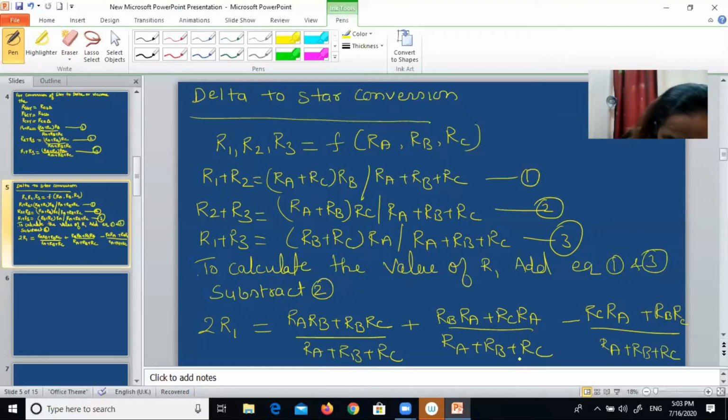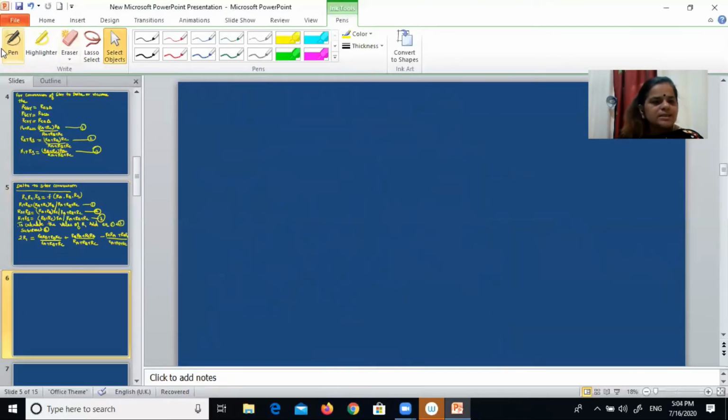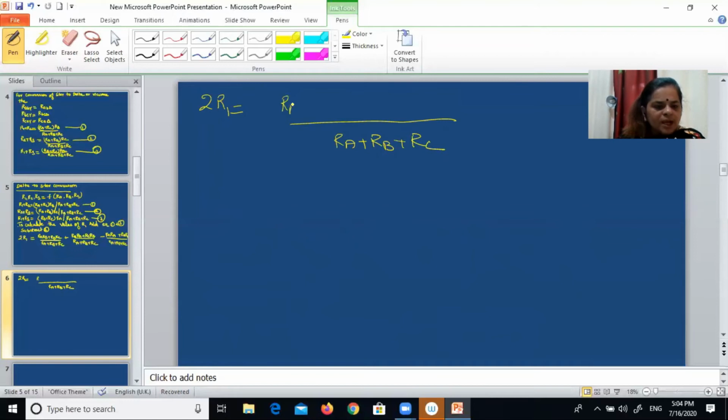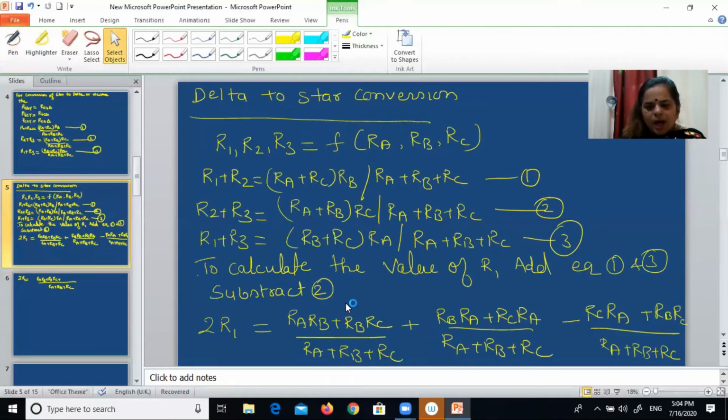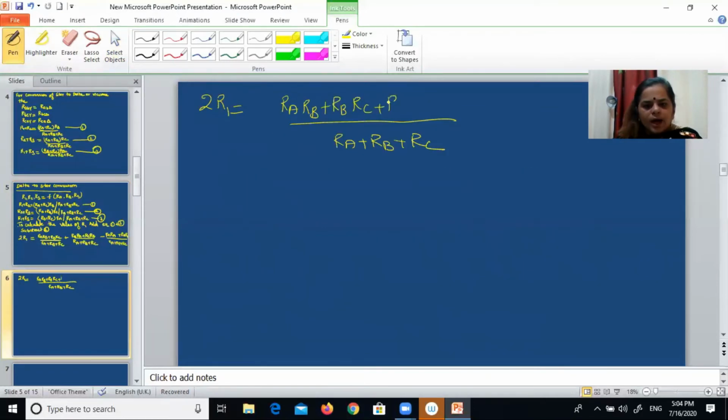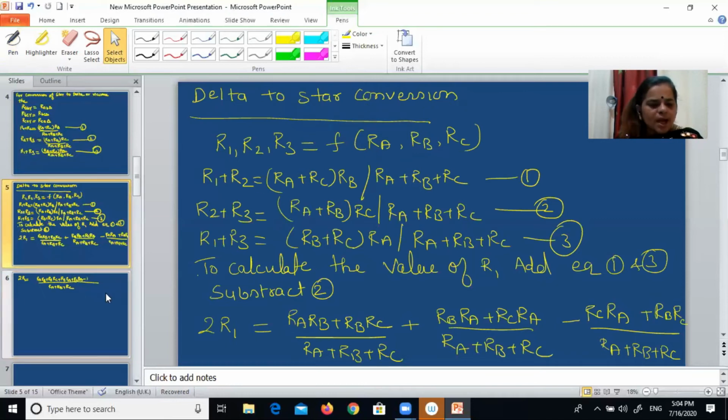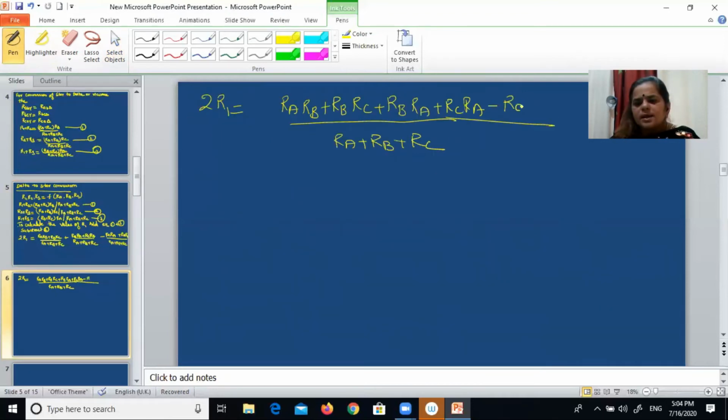Now when I take the LCM, the LCM will be RA plus RB plus RC for 2R1, and in the numerator I get RA RB plus RB RC plus RB RA plus RC RA minus RC RA minus RB RC.